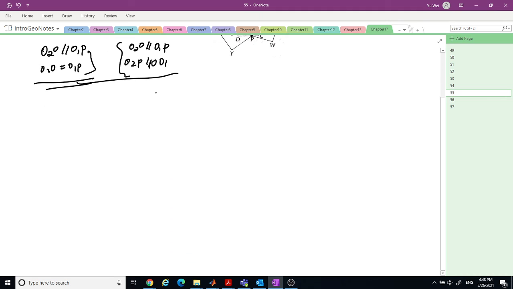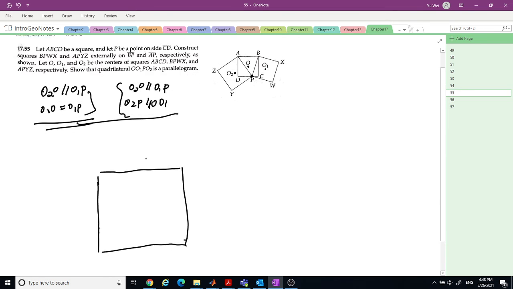Let me set up the coordinate system using ABCD.